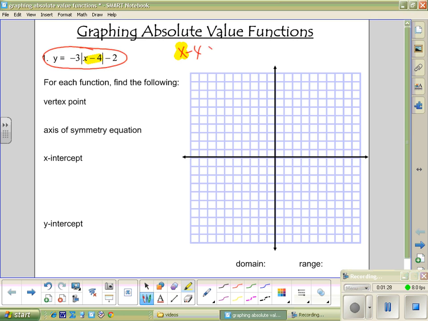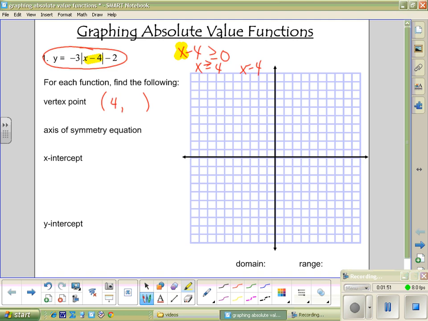So x minus 4 is greater than or equal to 0. When I solve, I get x greater than or equal to 4. But really, all I care about is the smallest point, so what I really care about here is x equals 4. So my vertex point is going to be at the ordered pair 4 comma something.